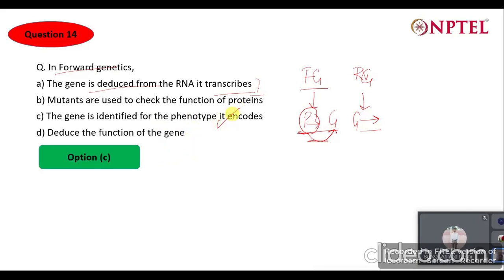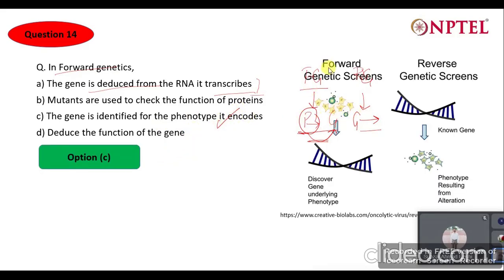as we can see here in the figure, in the case of forward genetic screens, the phenotype that is observed in mutants is used to study the genetic makeup of that gene.